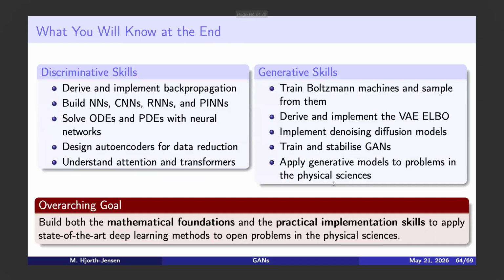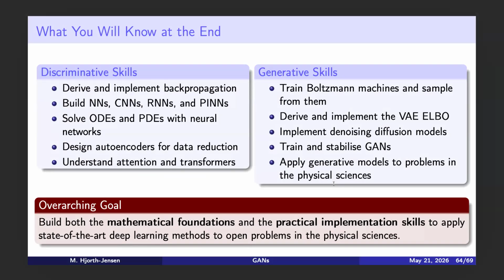But I wanted to say something about some perspectives. This is roughly what we hope you have been able to see through the course. My teaching goal with this course is that you see the mathematics and the practical implementations.